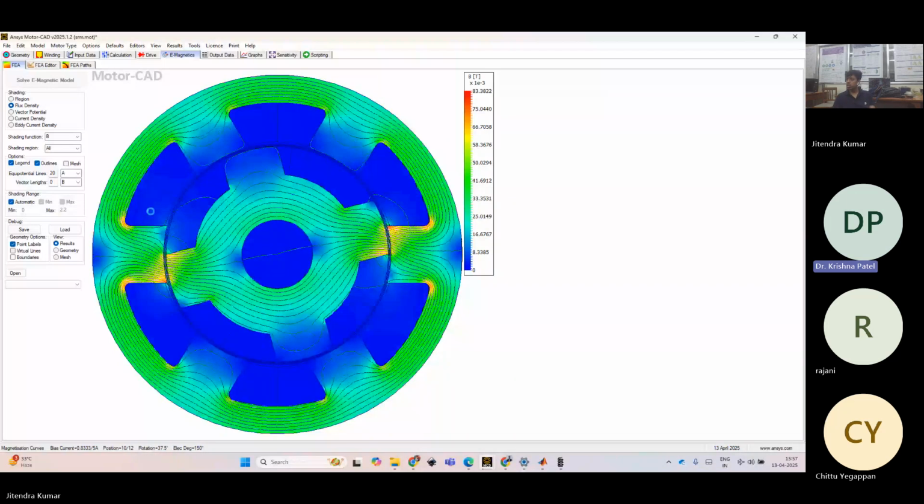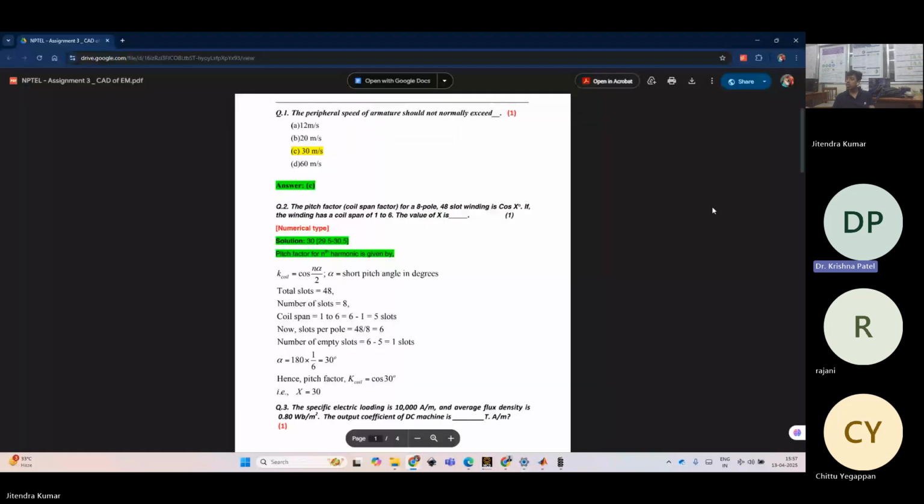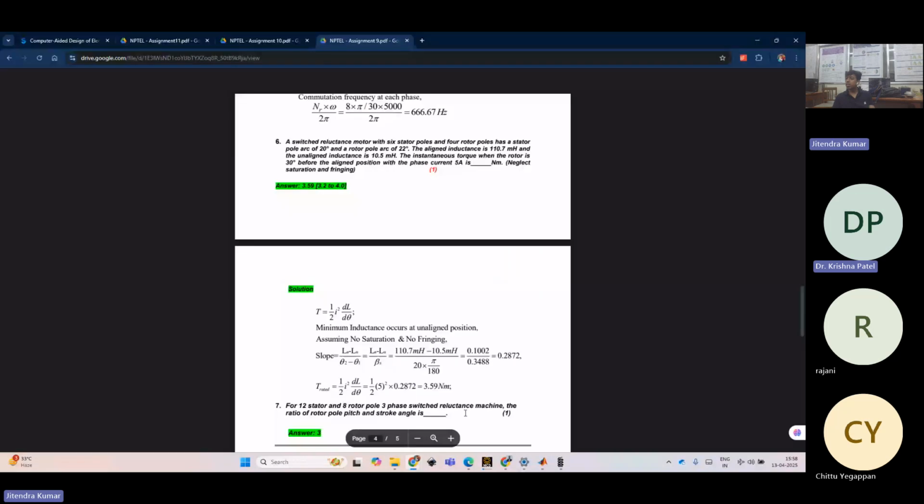Now we have to multiply by 1/2 into I square. dL by d theta, you are saying 1.25. Yes. Let me see. How much did we solve?